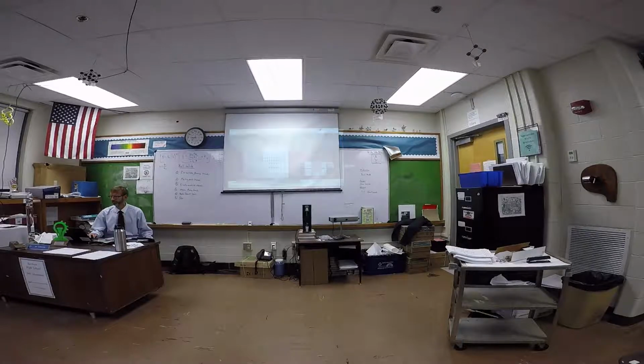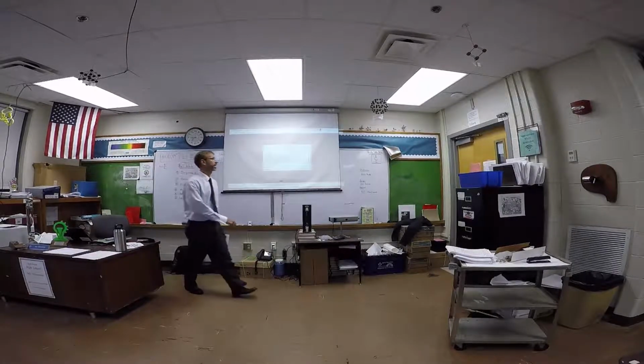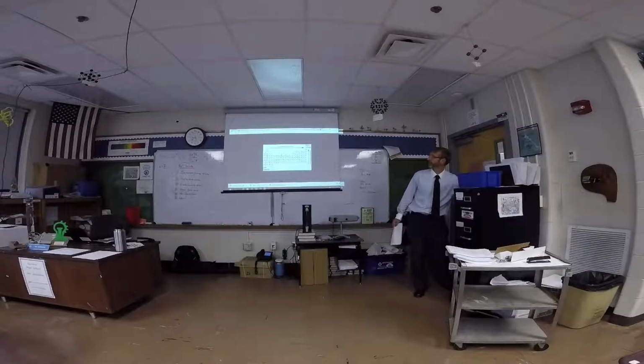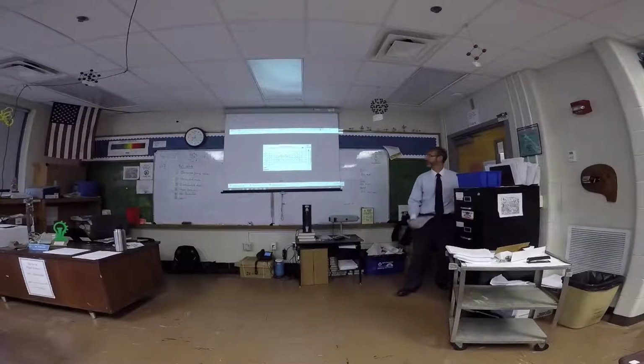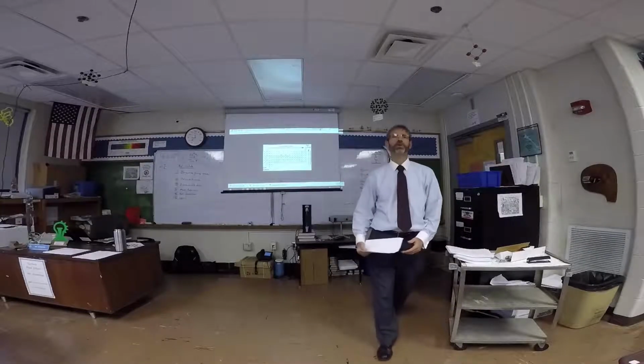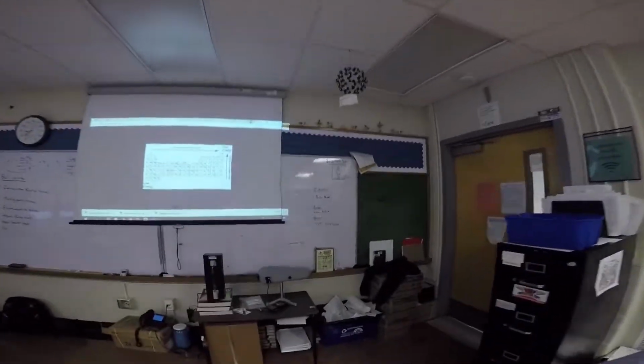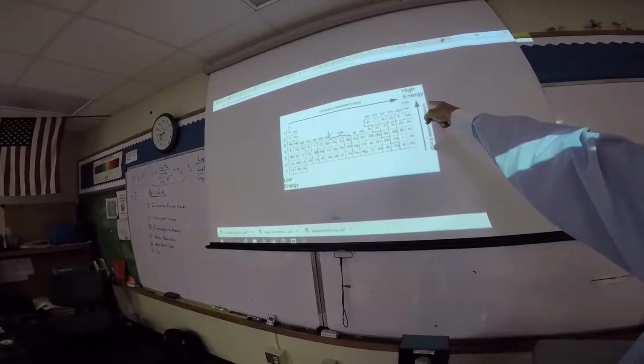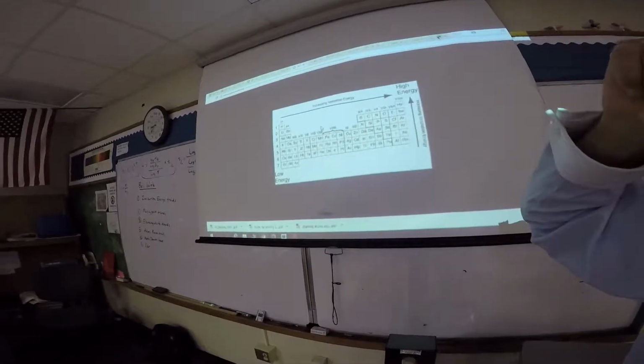All right, so this is the trend for ionization energy. And you'll notice that ionization energy increases in the direction of the nonmetals. Fluorine would be a nonmetal. You see the arrows going up to helium and going to helium in both directions.